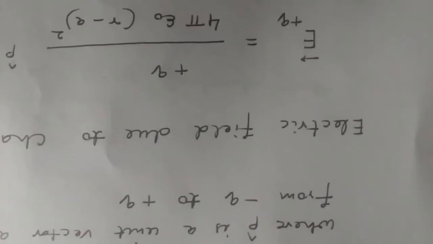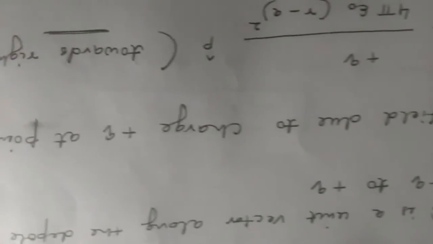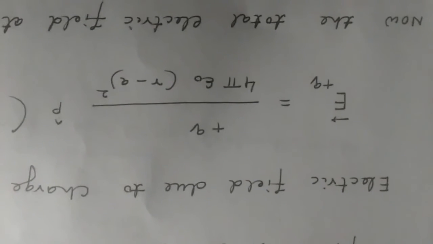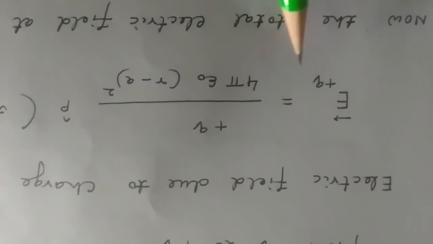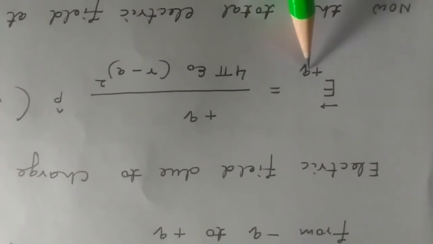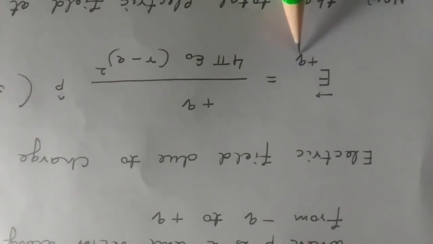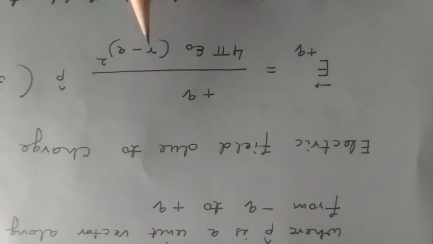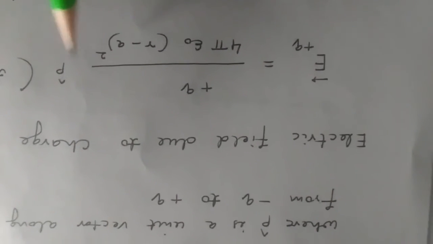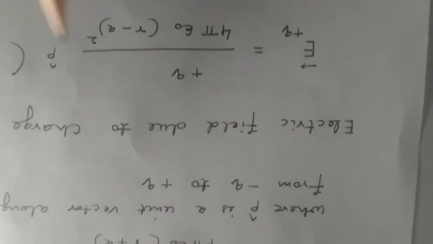Now electric field due to positive charge at point P. Again, E vector plus Q. This subscript plus Q means electric field due to positive charge, plus Q upon 4 pi epsilon naught (r minus a) square, r minus a whole square p cap. Why r minus a whole square?